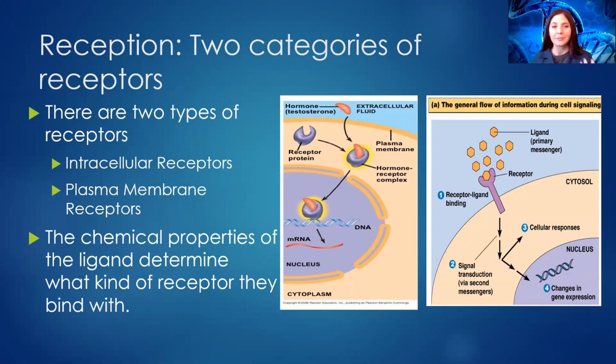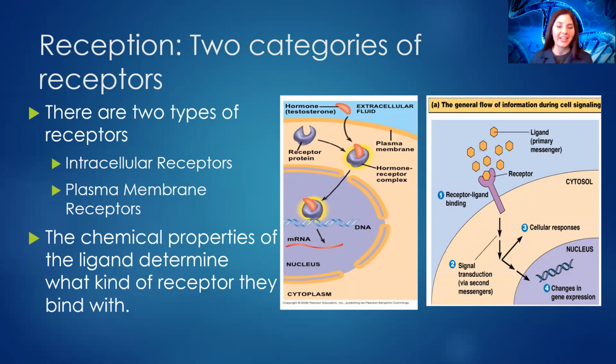And then we have plasma membrane receptors, like these guys right here. This is when a ligand has to dock with an external receptor, and that ligand can't actually go through the plasma membrane itself into the cytoplasm or dock with a receiving protein inside the cell.